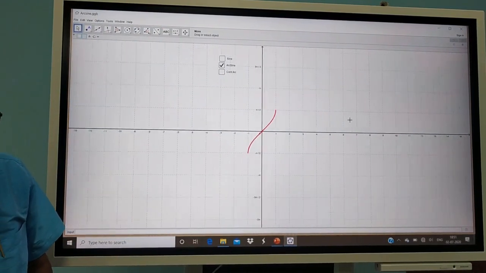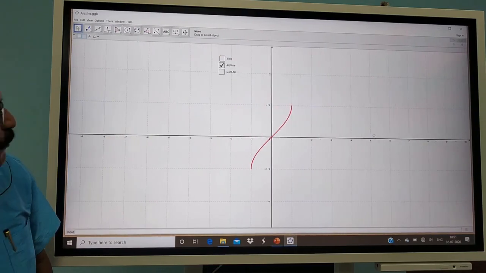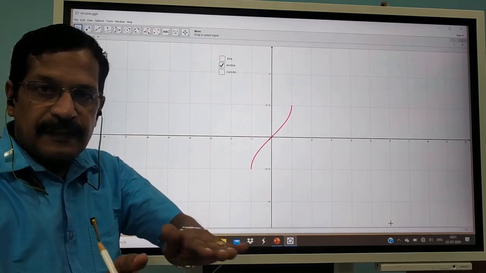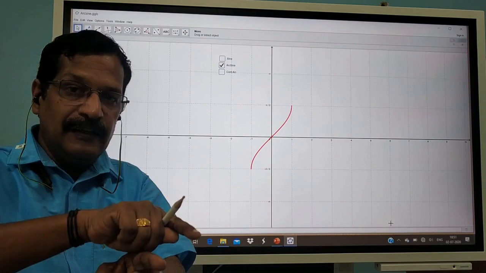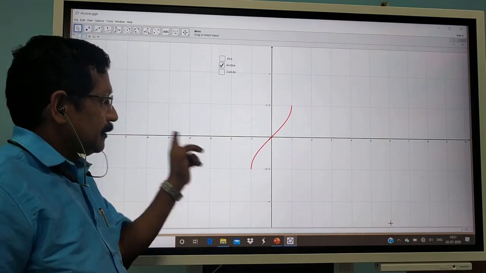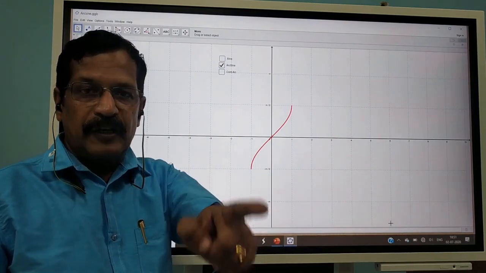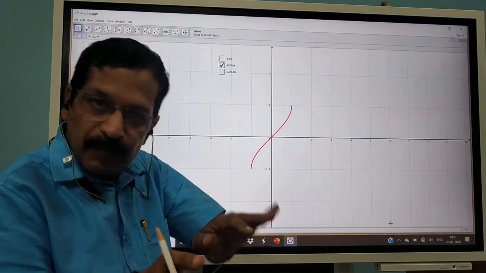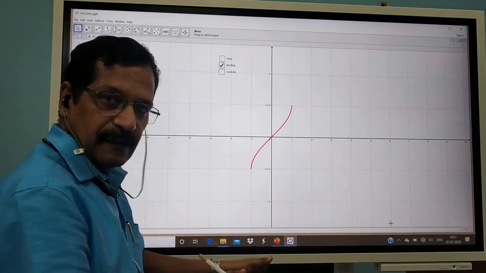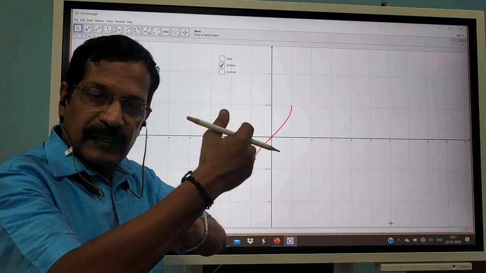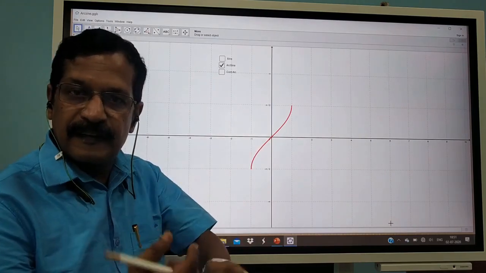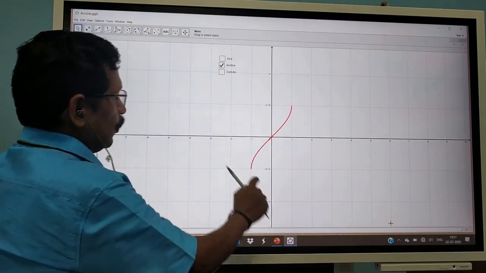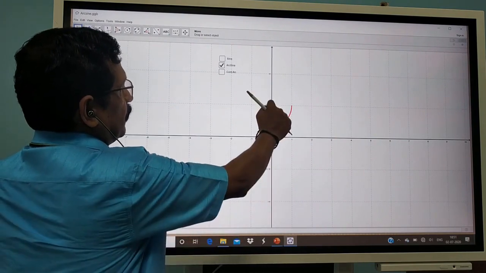So this is the graph of sine inverse. You can see that in the case of sine, the marks π/2, -π/2, etc. are on the x-axis, but in sine inverse, they will be on the y-axis. So the x-axis becomes the y-axis and the y-axis becomes the x-axis in the case of sine inverse. So here it becomes -π/2 and here π/2.